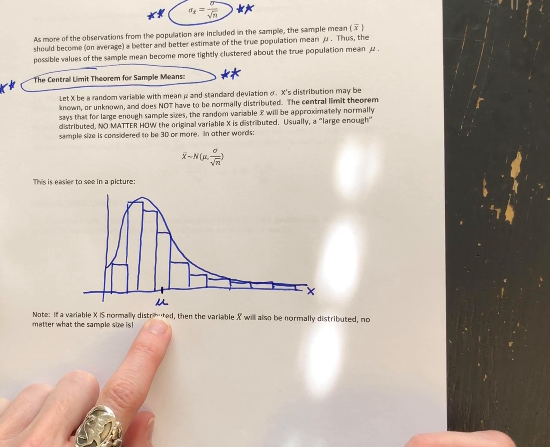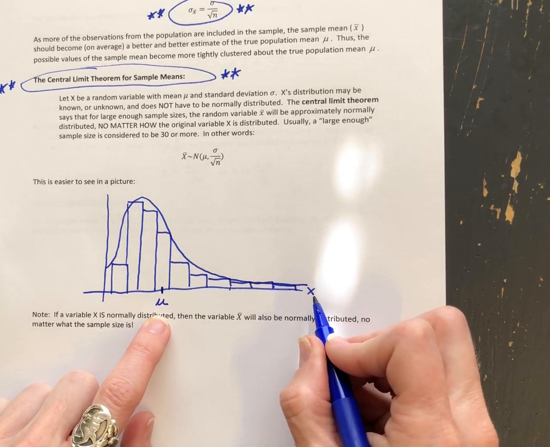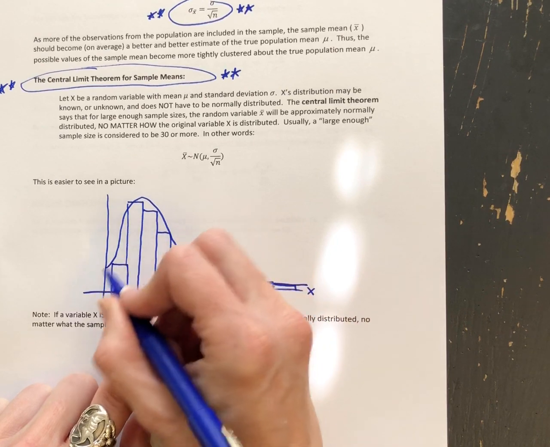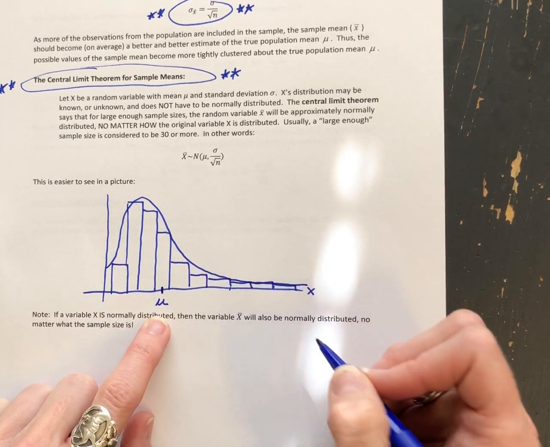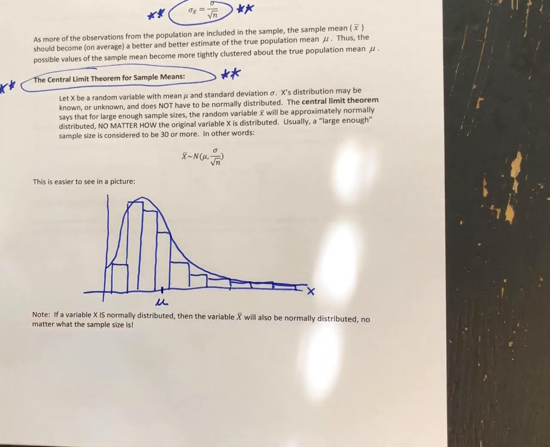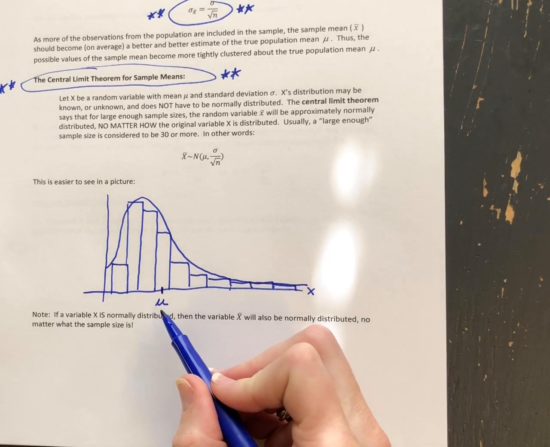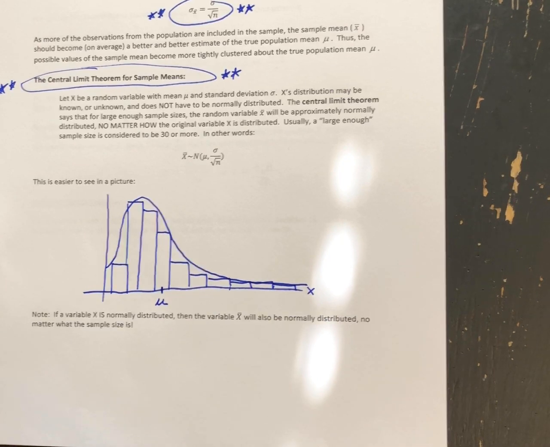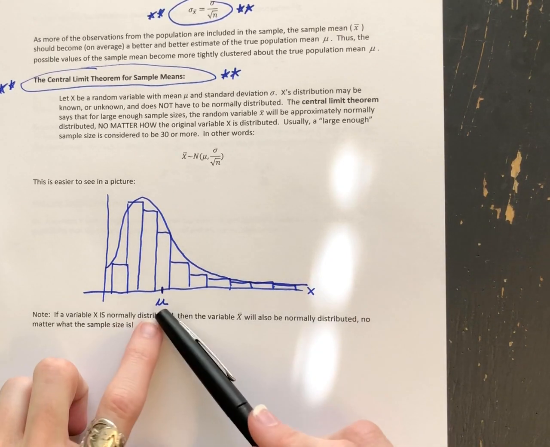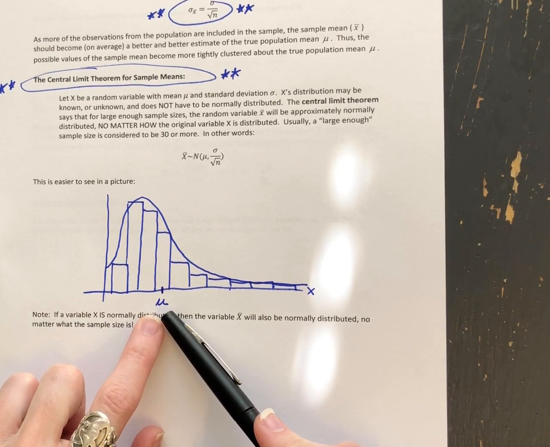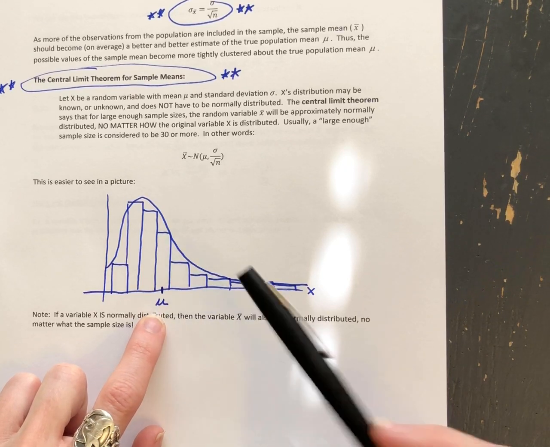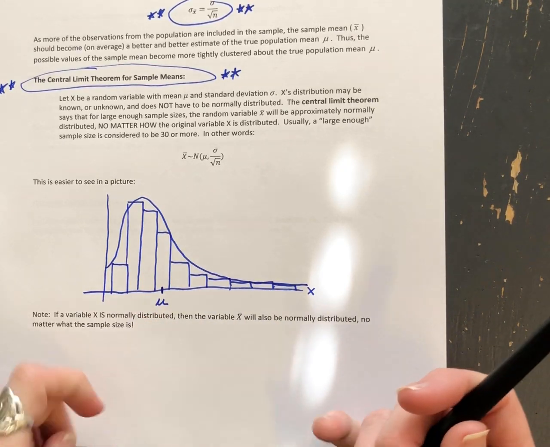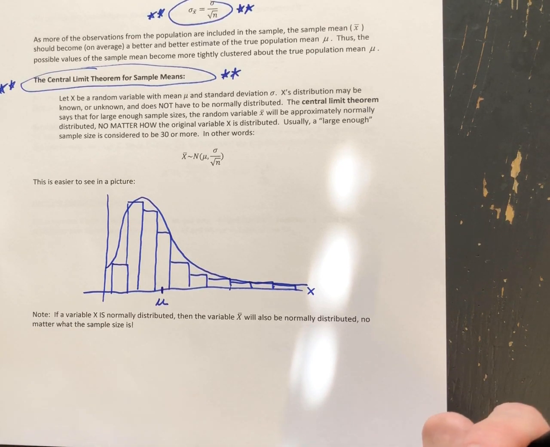This is the mean of x, our possible values of x, not our sample, not the mean of our sample means. If this is our population mean, that's where mu would fall, just right of center for a right skewed distribution. Realistically, if mu is unknown, we would start taking samples of a given sample size, and we would calculate the resulting sample mean, x bar.